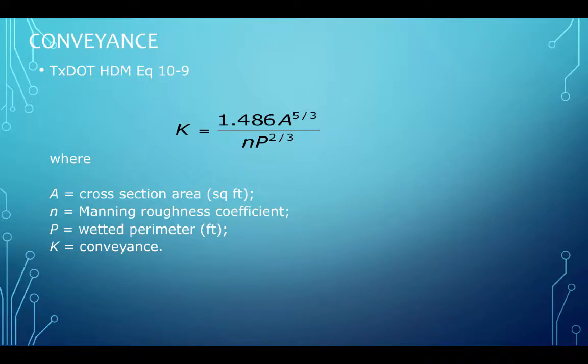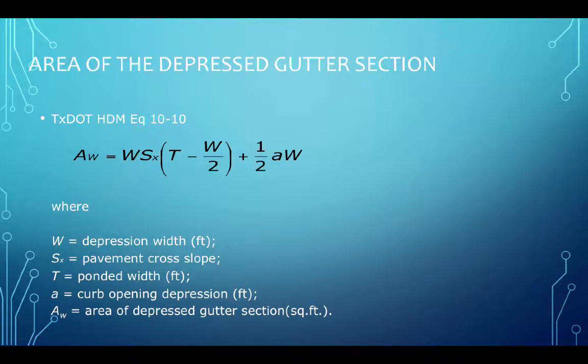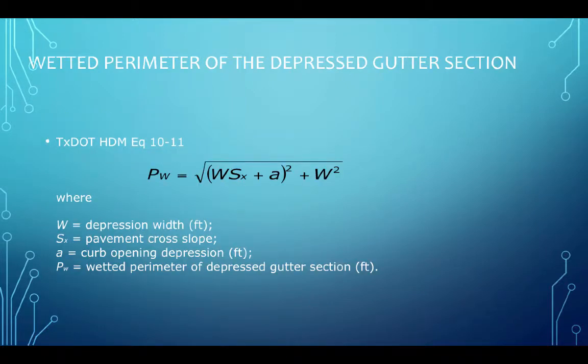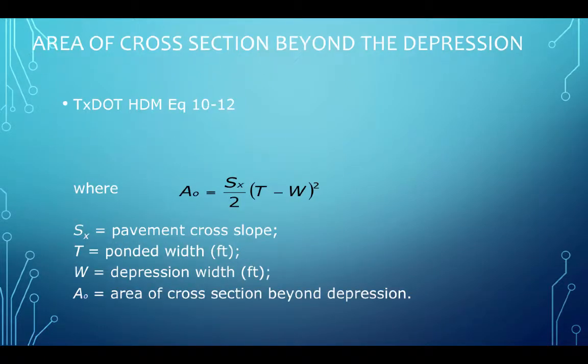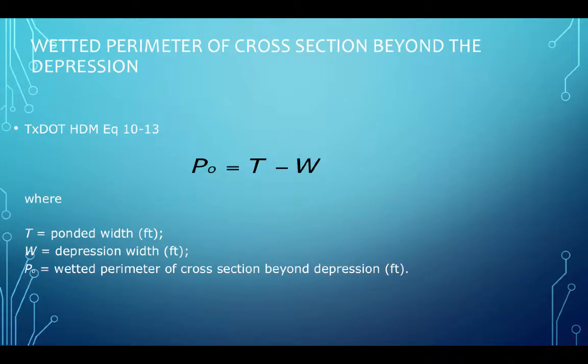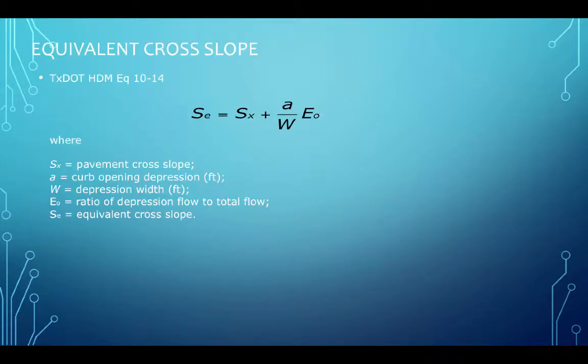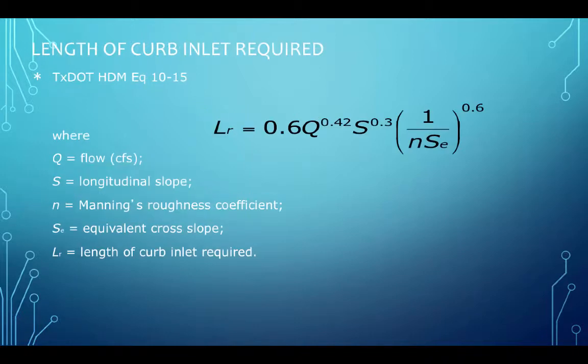Use equation 10.9 to compute the actual conveyances for each different part. You have the area of the depressed gutter section, wetted perimeter of the depressed section, area beyond the depression, and wetted perimeter beyond the depression. These are all combined to come up with an equivalent cross slope, and the equivalent cross slope times the longitudinal slope in this formula is what calculates the required inlet length.